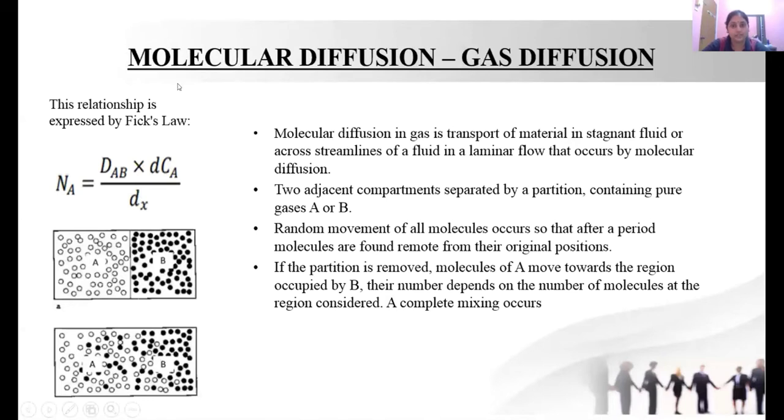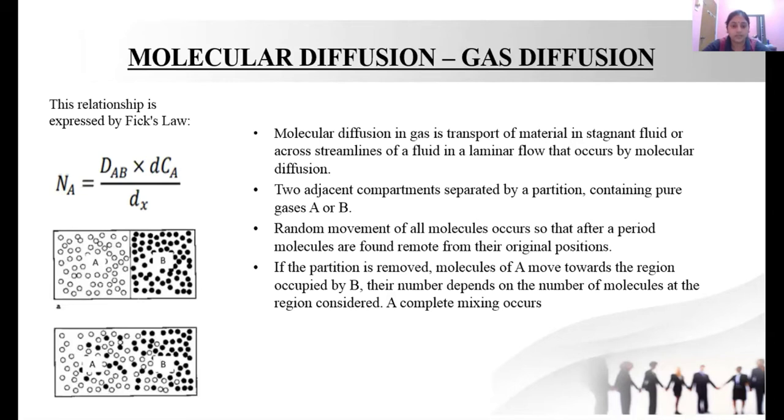Molecular diffusion in gas is transport of material in stagnant fluid or across streamlines of a fluid in a laminar flow that occurs by molecular diffusion. Two adjacent compartments are separated by a partition containing pure gases A or B. Random movement of all molecules occurs so that after a period molecules are found remote from their original positions.